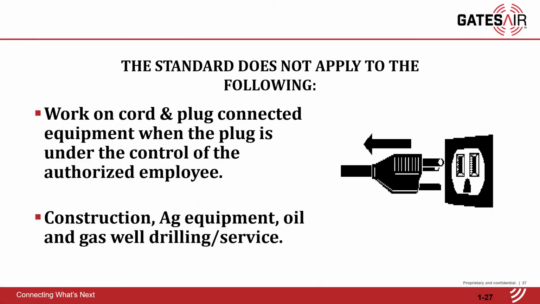This standard does not apply to work on cord and plug connected equipment when the plug is under the control of the authorized employee. It also does not apply to construction, agriculture, oil and gas well drilling, and service.